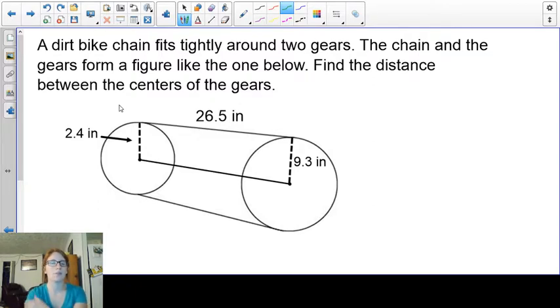Okay, this one's a little bit different. I am aware that the picture is not perfectly to scale, because typically something with a 2.4 inch radius would be much smaller than what it looks like in the picture compared to the 9.3 inches.